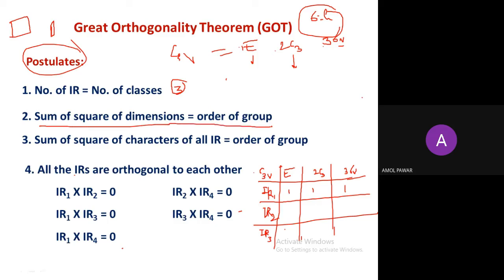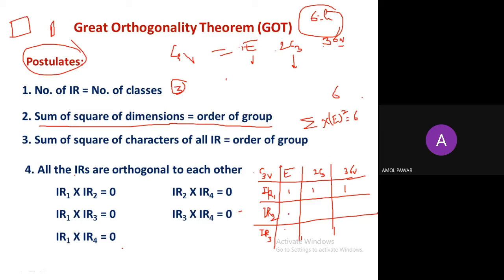Now here order is 6. Now we have to write the summation of characters of identity element squared is equal to 6.